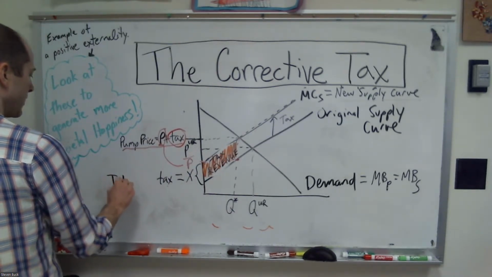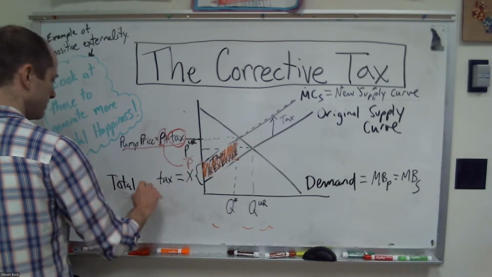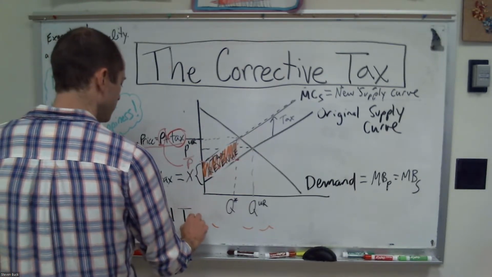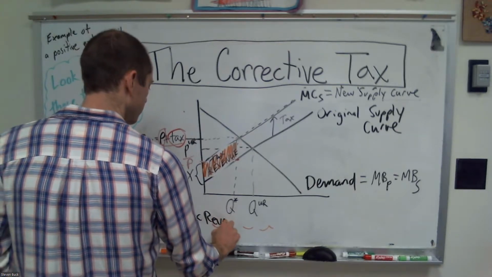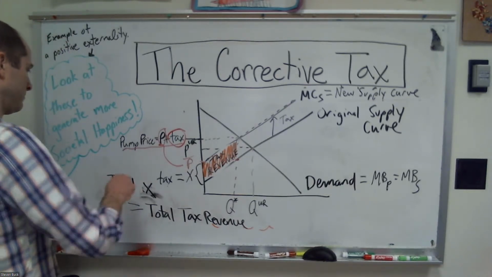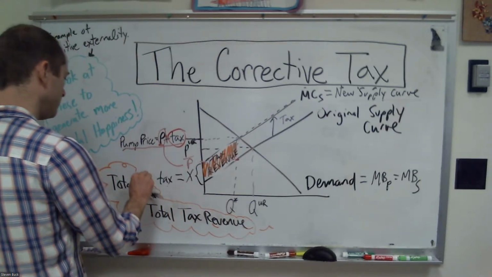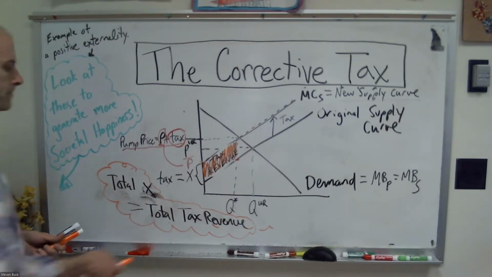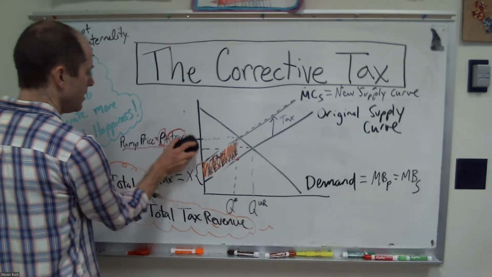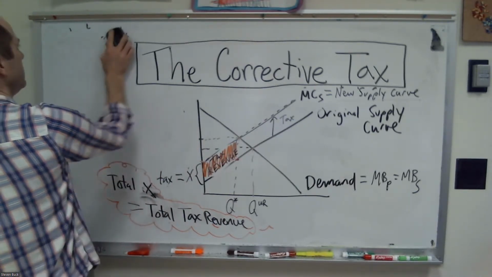So the total externality, total X, equals the total tax revenue. Again, the graphic's getting a little messy here, so I'm going to erase some of this. I'll erase this guy over here too.